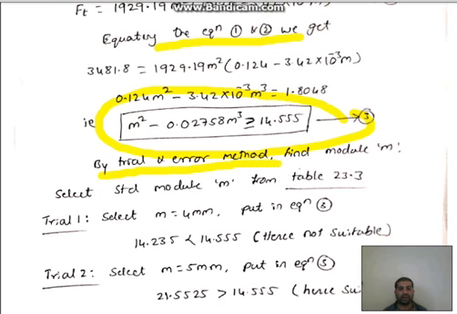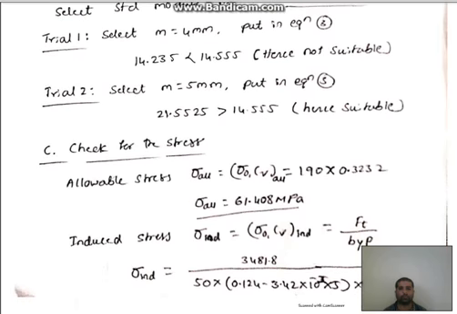By trial and error method, find the moduli m. Now select standard moduli m from the table 23.3. Trial 1. Select moduli equal to 4 mm. Put moduli 4 in the equation number 3.